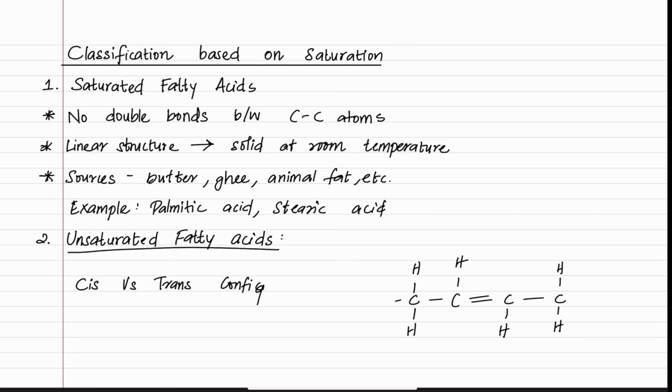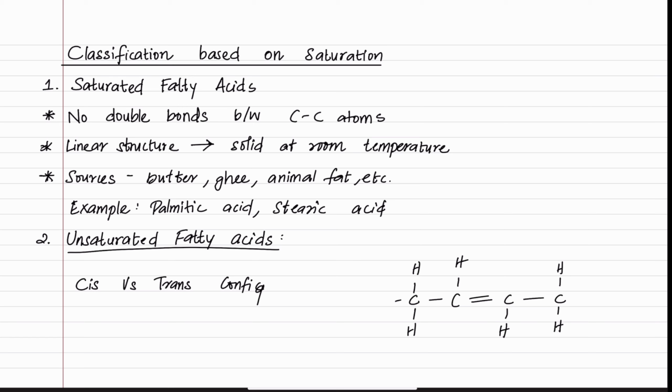Second one, unsaturated fatty acids. Unsaturated fatty acids can be further divided into 2, which is monounsaturated fatty acids and polyunsaturated fatty acids. Monounsaturated fatty acids, the definition is in the name itself. Monounsaturated, which means that there is one single double bond. An example for it would be oleic acid.